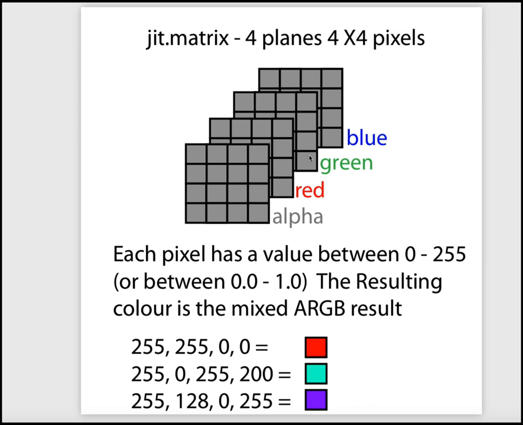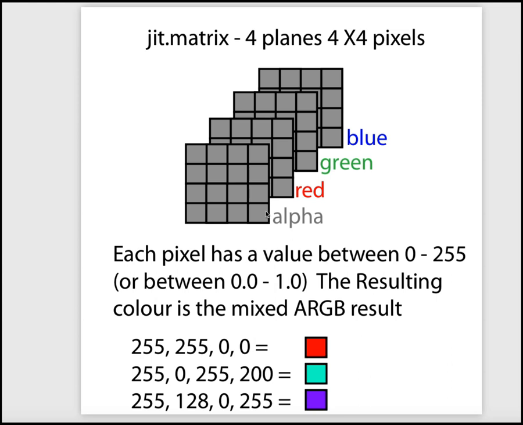We need all of those in order to represent the pixel in any possible color. I should mention that in a Jitter matrix, it's also possible to use values between 0 and 1.0 as floating point numbers, but for now we'll just imagine that they're all single bytes between 0 and 255.